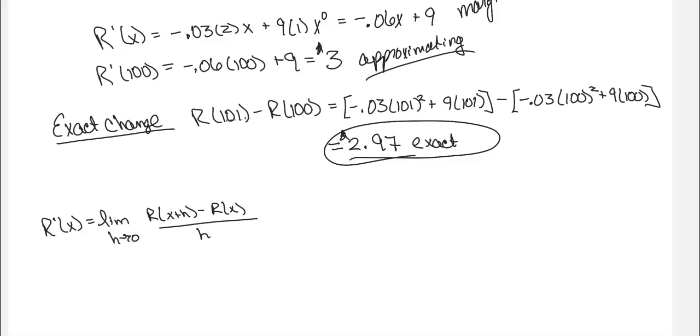And what's going to happen is when we look at that revenue, in case I'm looking at what happens when I sell the next item, it's going to be approximately equal to the limit as h goes to 0 of r of x plus 1 minus r of x.